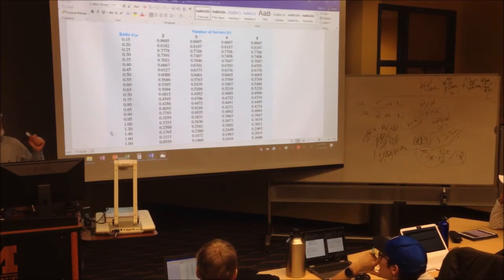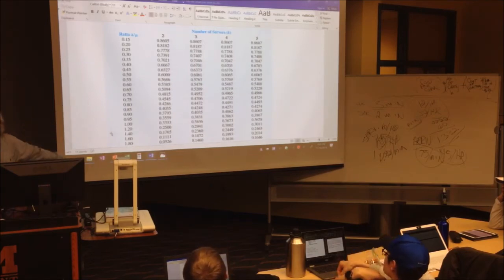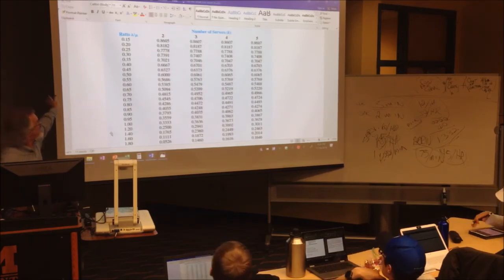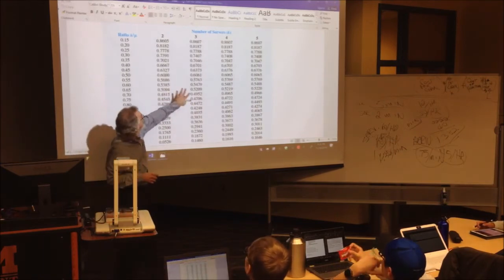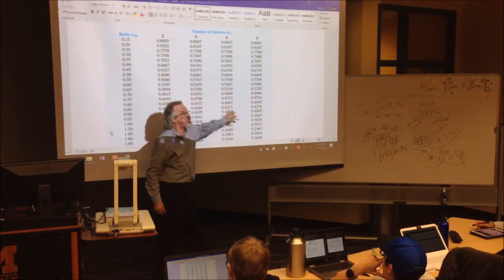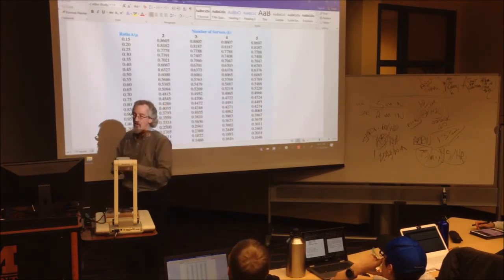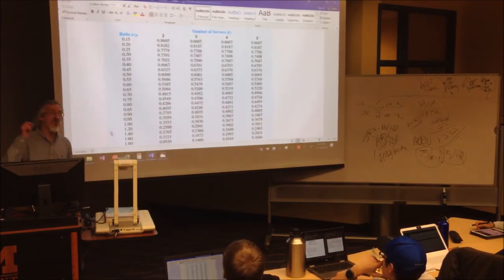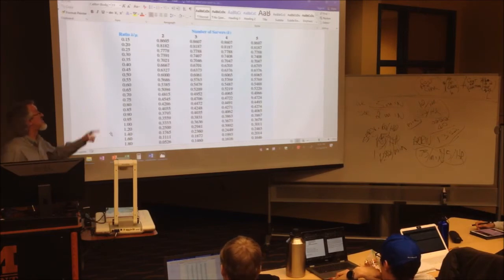So in this case, it's whatever the arrival rate is divided by the service rate, and you go to that first column and match it. And then you go over here and figure out how many channels we're going to use to get the P sub 0. P sub 0 is the probability of no units in the system.